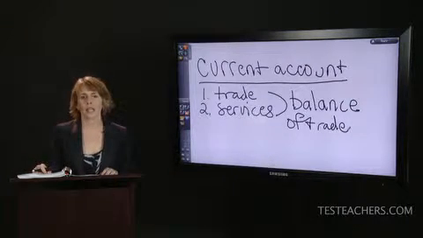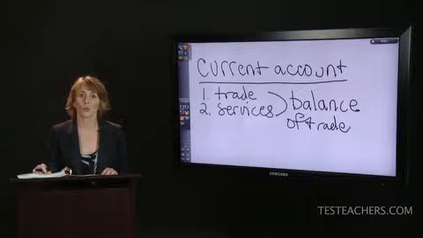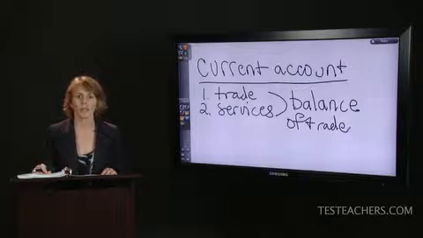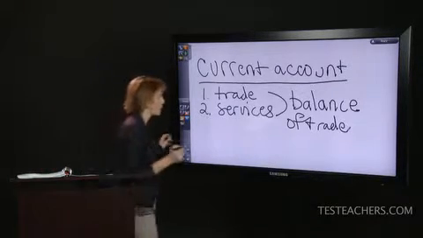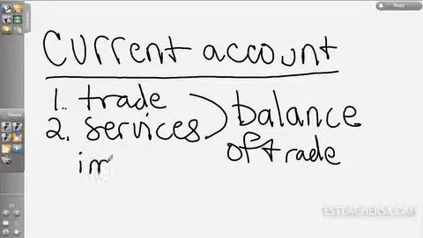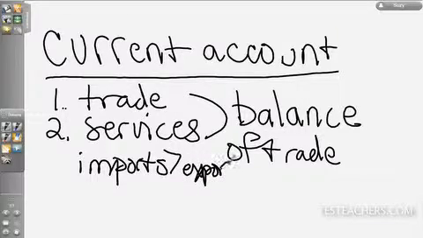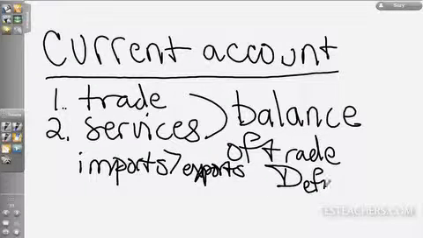So when a country imports more than it exports, what they have is called a balance of trade deficit. So if the imports are greater than the exports, we have a balance of trade deficit.